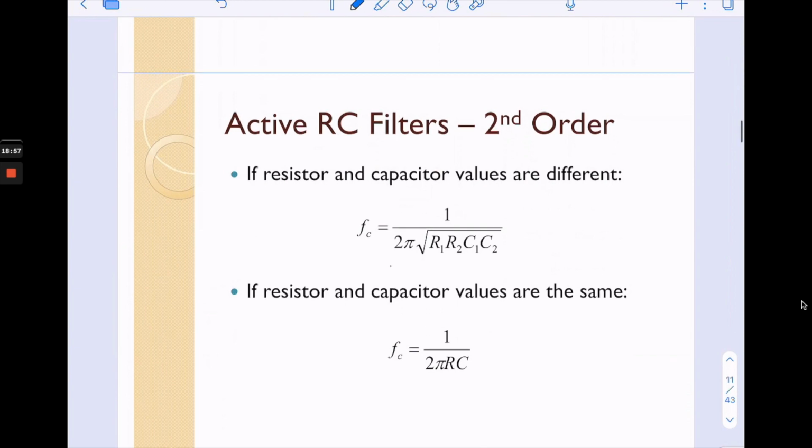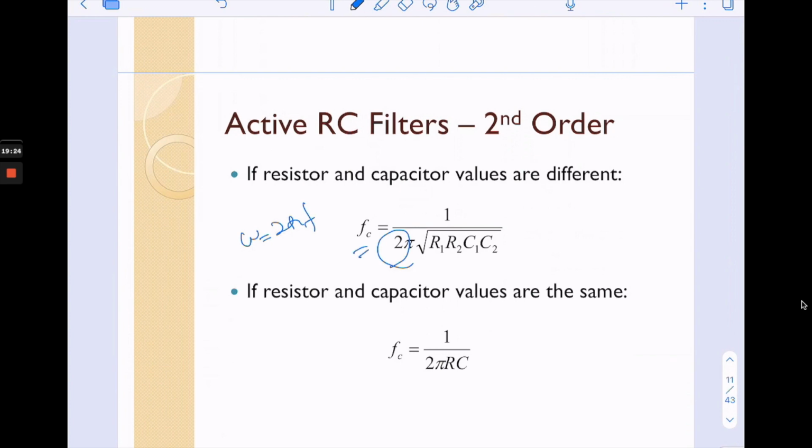Okay, where does 2 pi come from? It actually comes from omega equals 2 pi f. So you can use either omega c or fc, it depends, but you have to compensate for the 2 pi if you use the frequency fc.